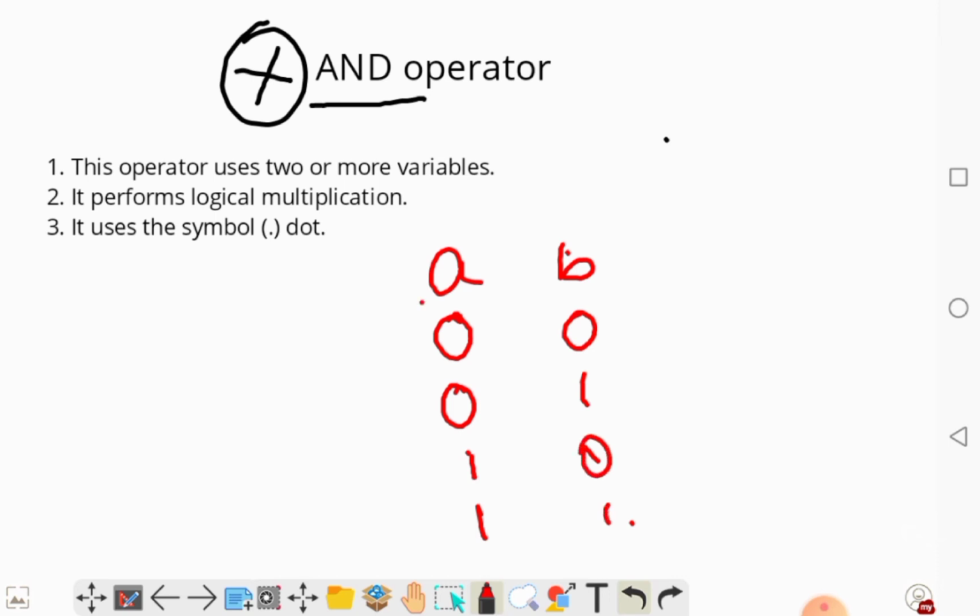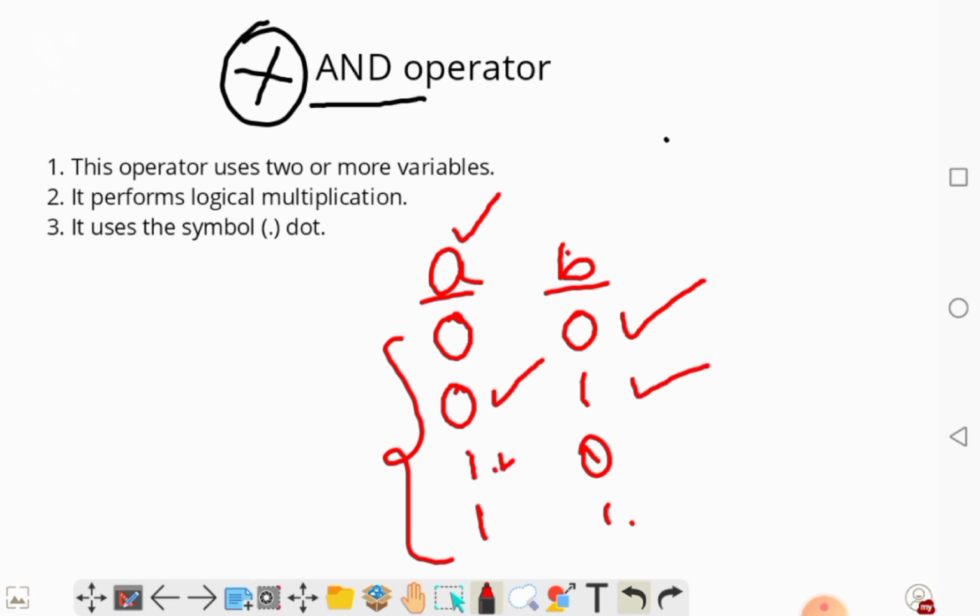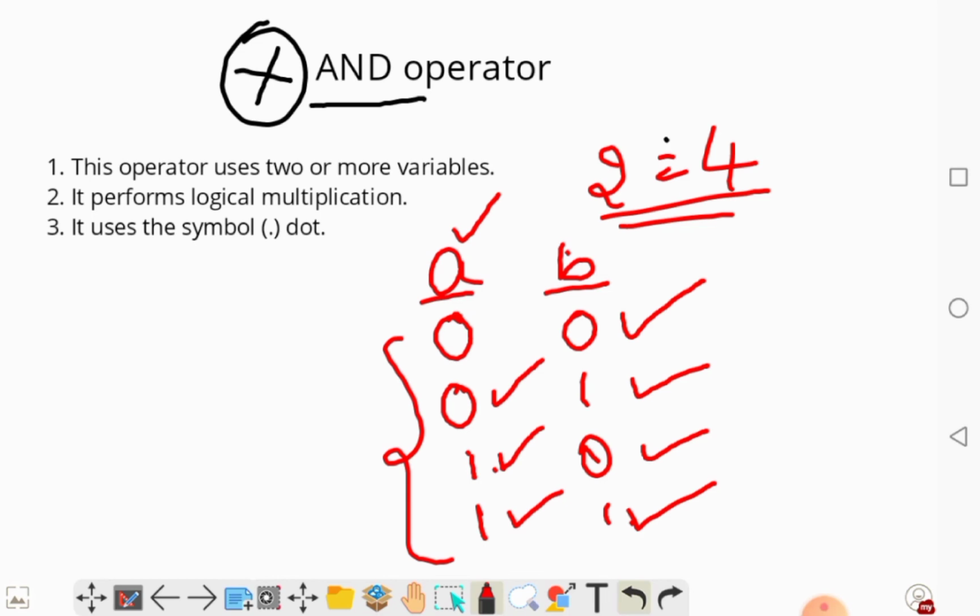If we have two variables, we will have four possible combinations. The first combination: a is 0 and b is 0. Then a is 0 and b is 1. Then a is 1 and b is 0. Then a is 1 and b is 1. With 2 variables we have 4 possible combinations.